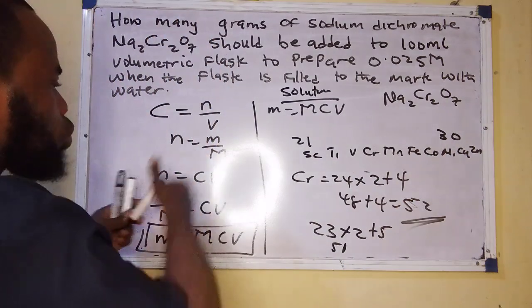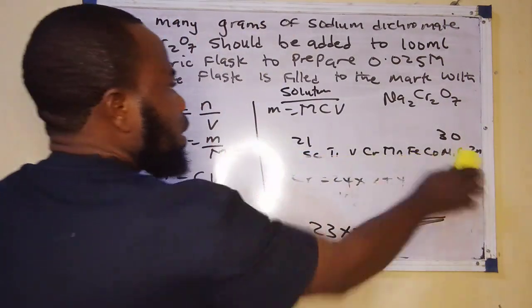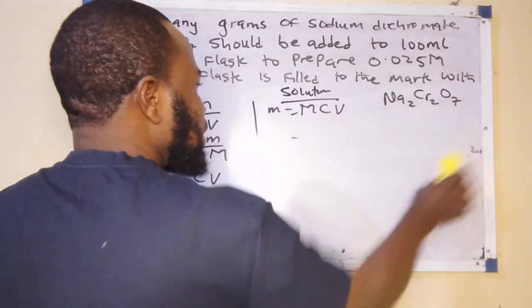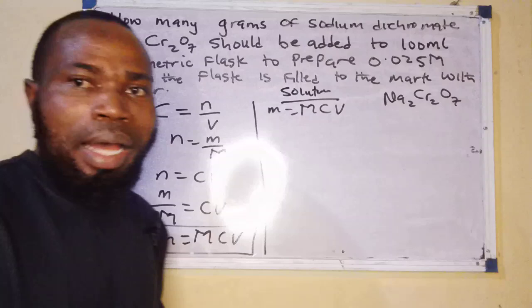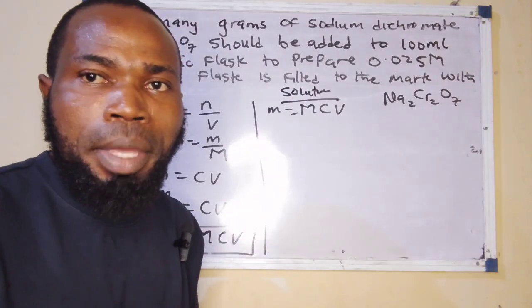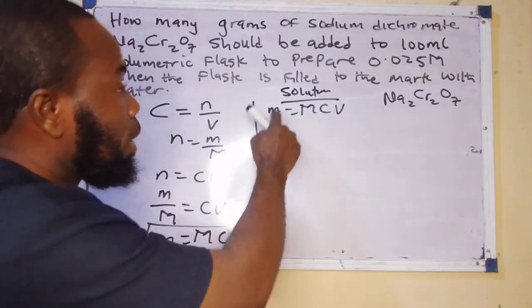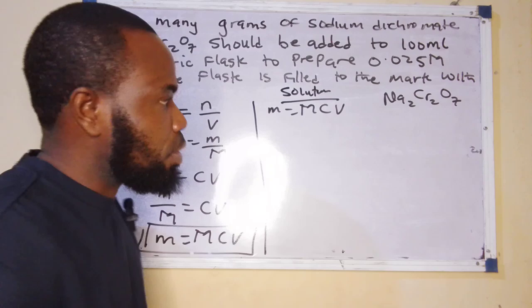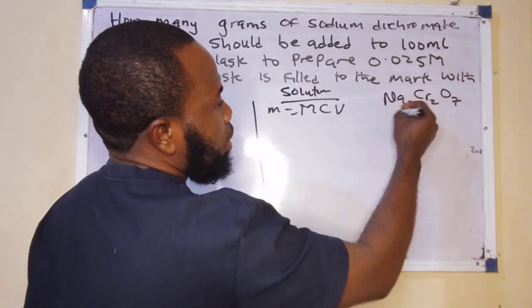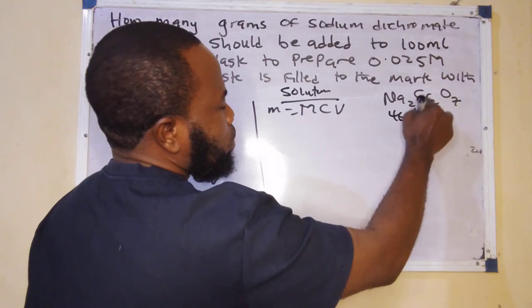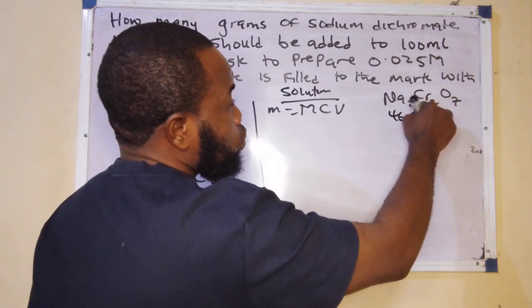Now let's go back to our solving quickly. Now what are we going to do in solving this particular question? Remember, we are asked to calculate the mass of the elements quickly. That means we can actually get this. So quickly in solving everything here, we're having 46 plus 52, which we got just now.